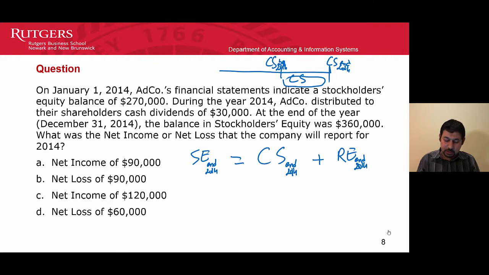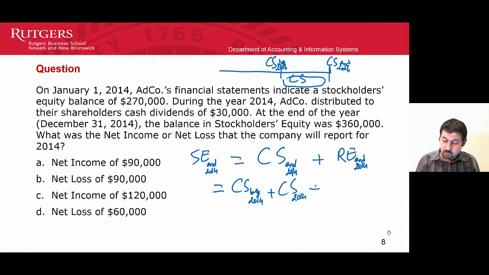So this one would be equal to common stock beginning 2014 plus common stock during the year 2014. Retained earnings, on the other hand, can be calculated or broken down in the same way that we saw in the retained earnings statement.